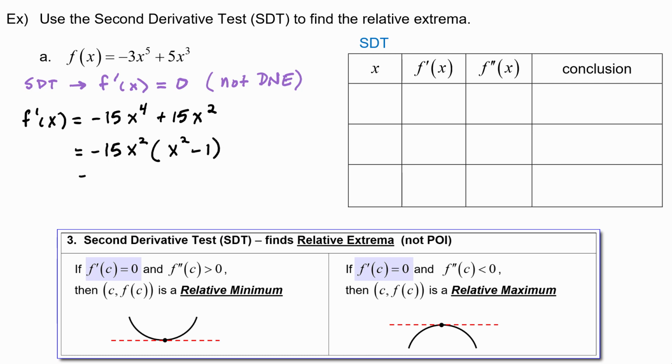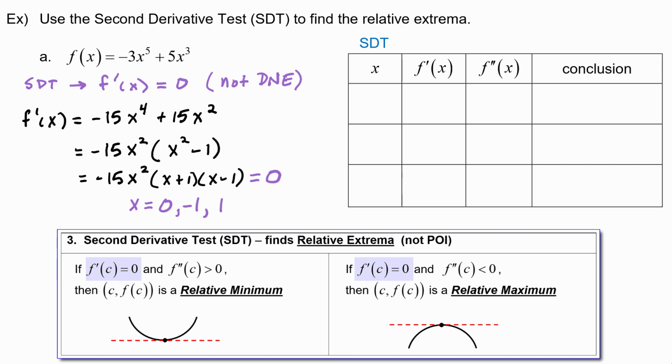Now, of course, that factors into negative 15 x squared, x plus 1, x minus 1. And now we are going to set that equal to 0. And that's going to occur when x is equal to 0 from this first factor, when it's negative 1 from the second factor, and when it's positive 1 from this third factor.